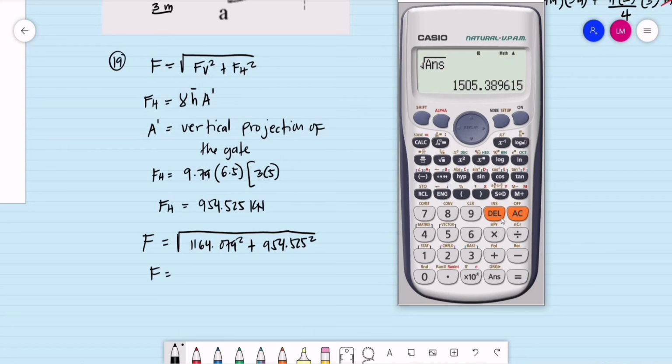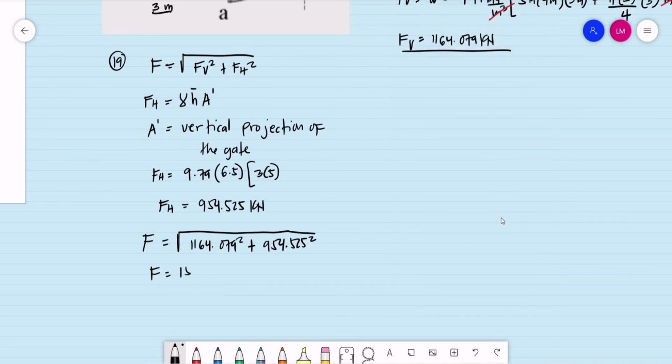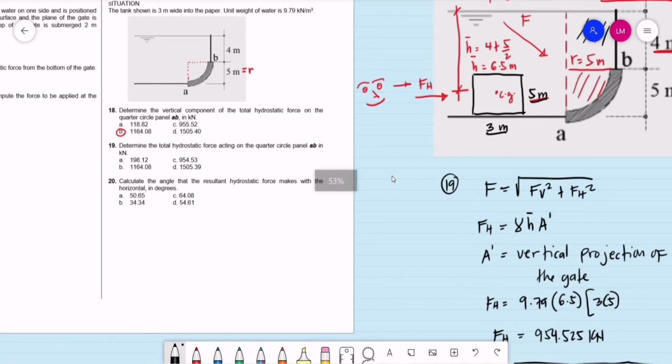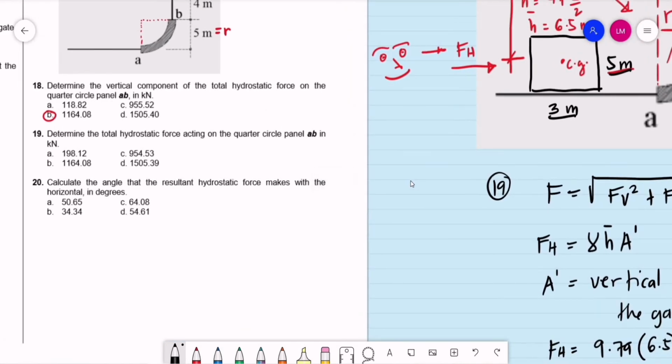That's 1,505.39 kilonewtons. So, check natin if we have this value for question number 19. 1505.39 kilonewtons, that will be, sa choices natin, letter D.